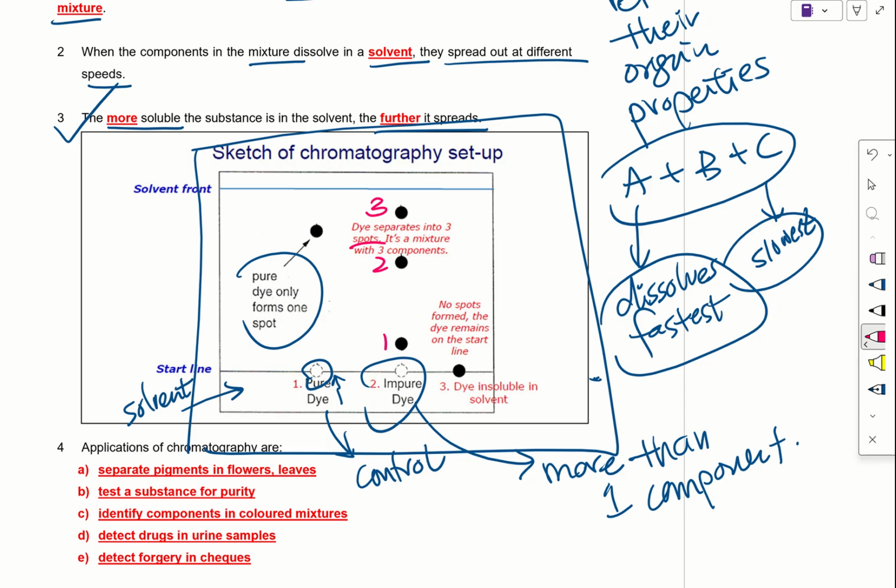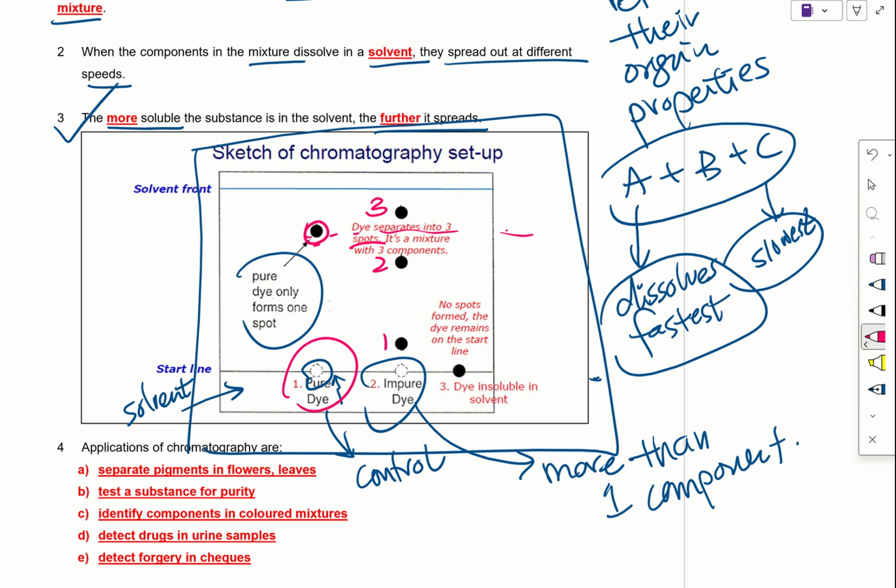It's a mixture with 3 components. And you see that these 3 don't tally with the pure dye's signature. It doesn't align to the pure dye's spot location. That means the impure dye doesn't have the dye component from the pure dye.